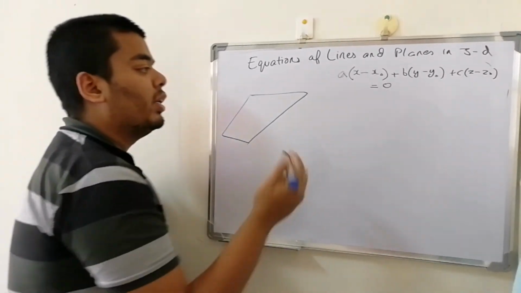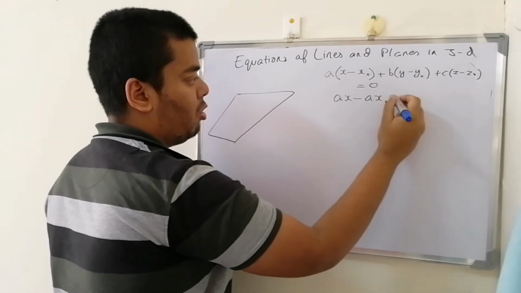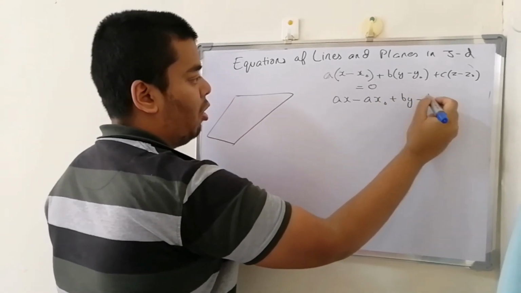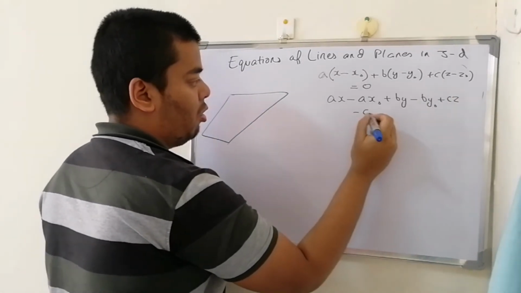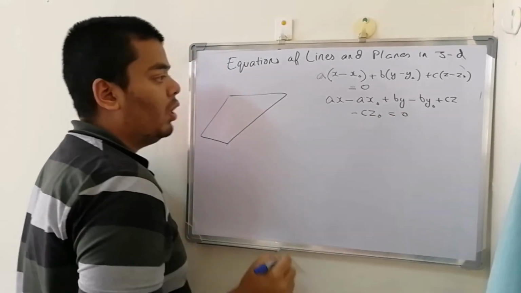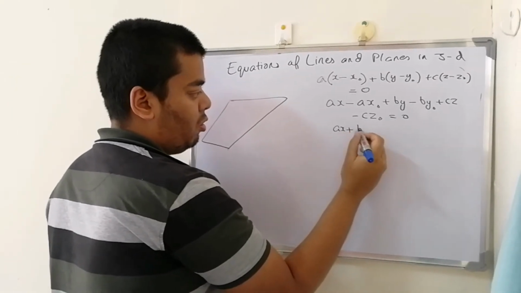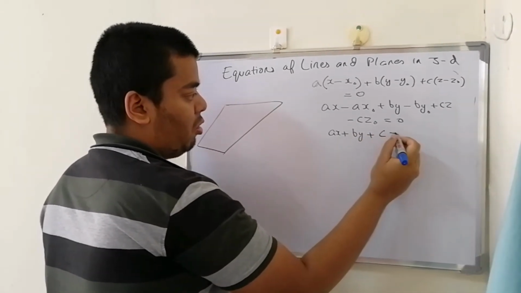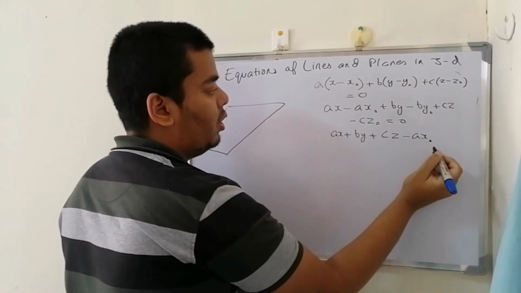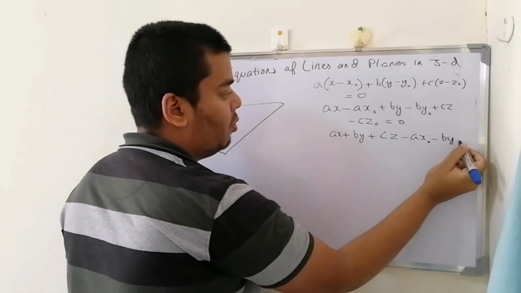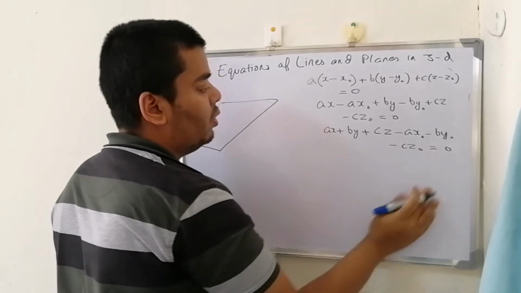So let's expand the bracket. After expanding the bracket, we can write it in this form: minus ax naught minus by naught minus cz naught is equal to 0.